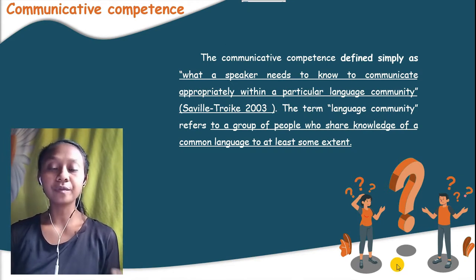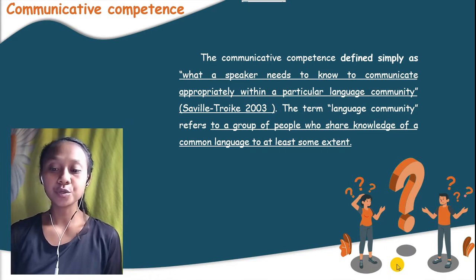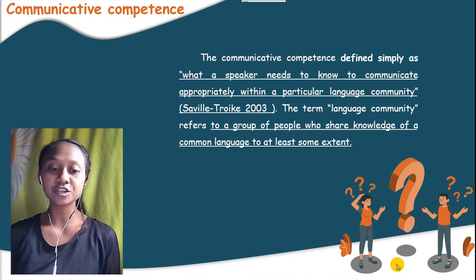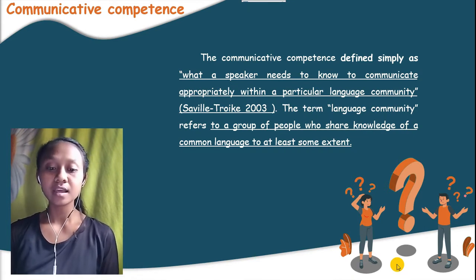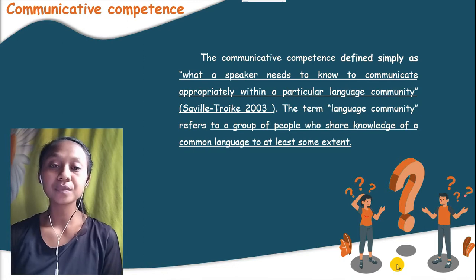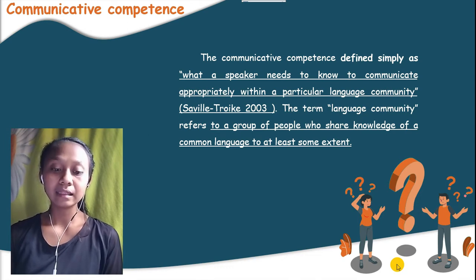Communicative competence refers to using language to communicate successfully, and it is composed of competence in four areas. The first is words and rules. The second is appropriacy. The third is cohesion and coherence. The last is use of communication strategies.